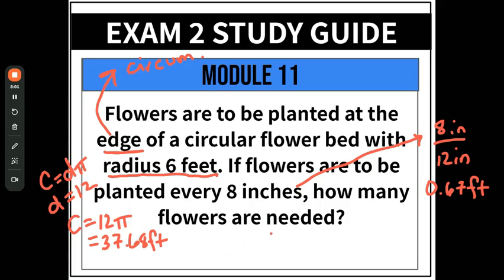Okay? So if they're to be planted every 8 inches, I need to divide the both of these. So the total length around the edge of the flower bed in feet divided by the distance between each of the flowers.